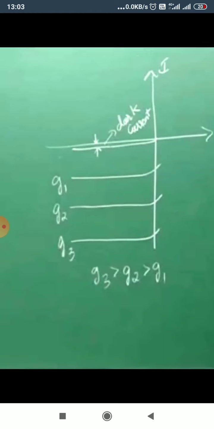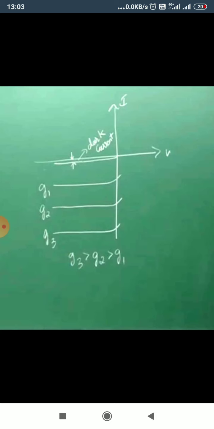So from this VI characteristic, we can say the electron hole pair will operate in the third quadrant. That is how the photodetector works, in the third quadrant.